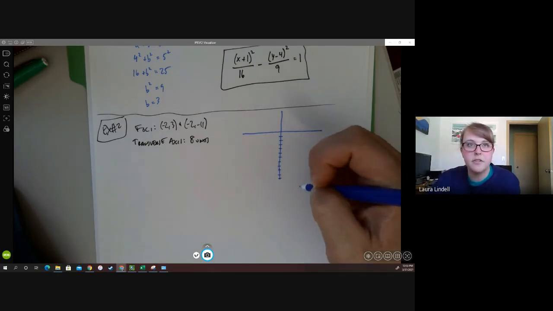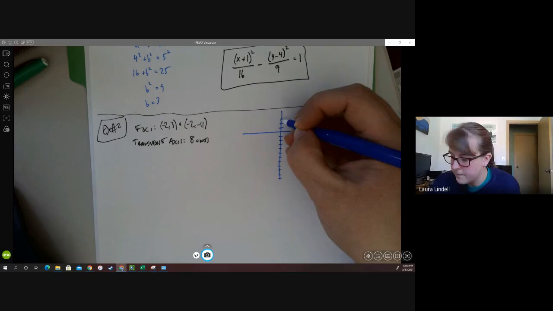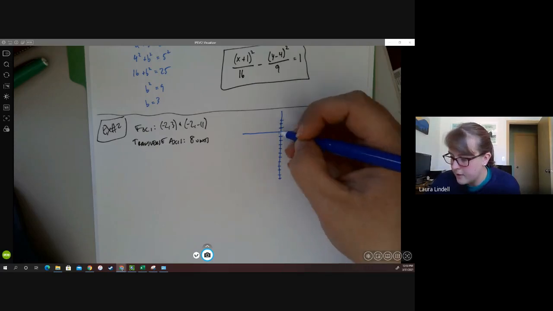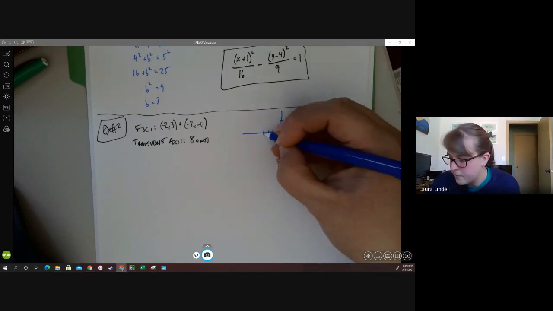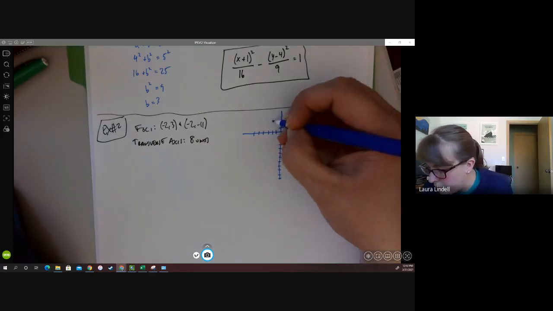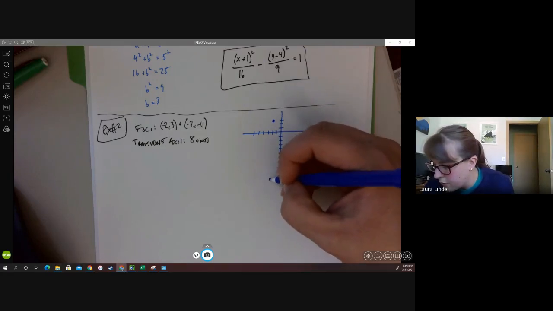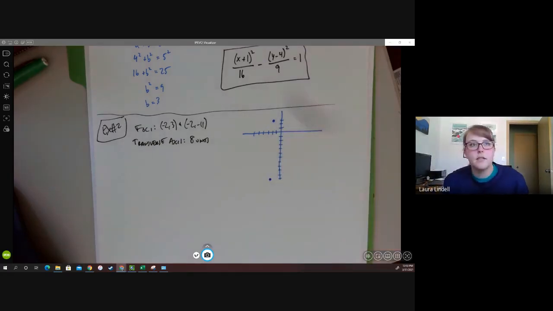You could scale it by 2 if you don't want to draw 11 dash marks there. So (-2, 3) would be one focus, (-2, -11) would be the other focus. And that's all the information that we're given that we can graph right now.